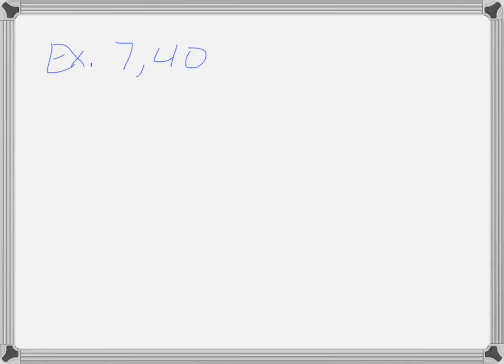7 and 40. 40 is the larger number. So I try 40 times 1, which is 40. Will 7 divide evenly into 40? No. So I try 40 times 2, 80. Will 7 divide evenly into 80?